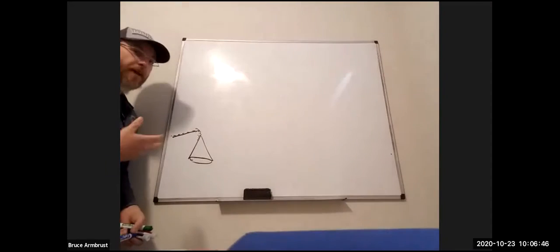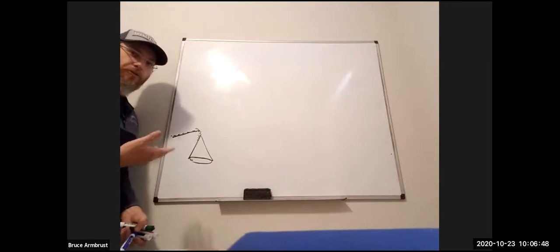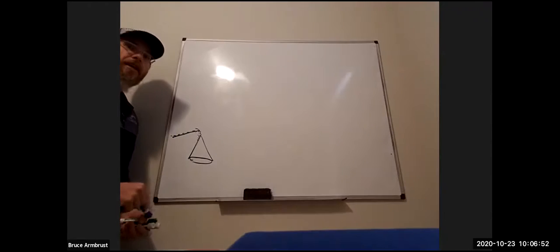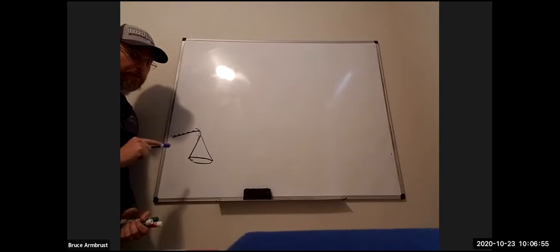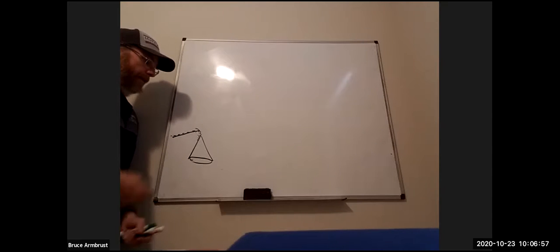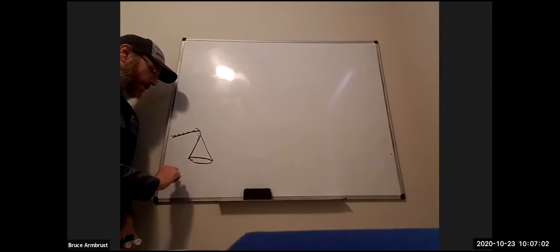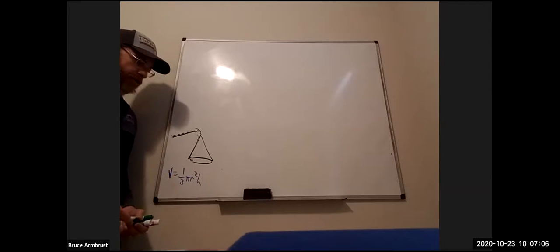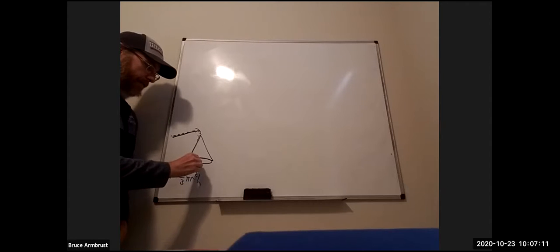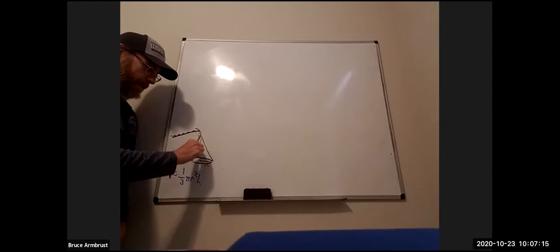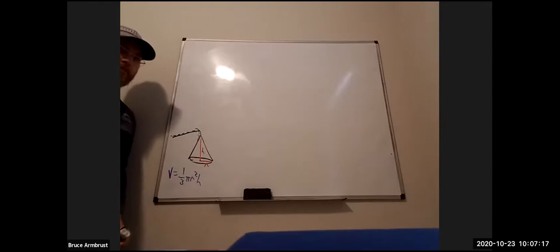All right, now, I'm not expecting that you guys all know the formula for the volume of a cone. I don't. I do expect that you could find it, though, if you needed. And we know that the volume of a cone is given by 1/3 pi r squared h, where r is the radius of the circle, and h is its height.